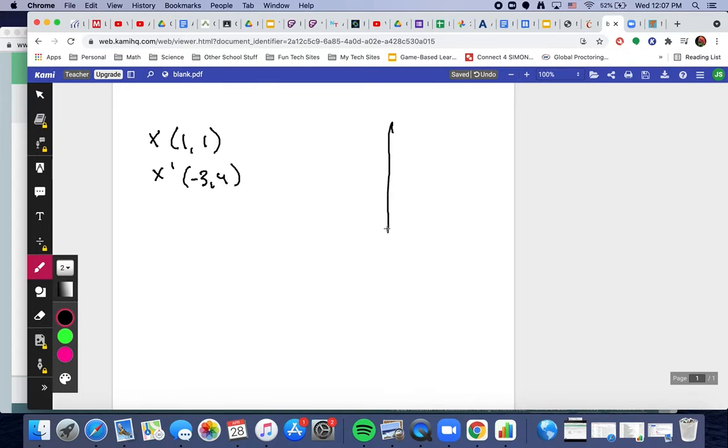So if I had the point 1, 1, okay, let's say if this is 1, we got 1, 2, 3, 4. I'll say this is 1, 2, 3, 4. I love it when it glitches like that. Okay, so if you've got this going on, and I got the point 1, 1, that's putting me right here. Remember, it's always your x coordinate first, followed by your y coordinate.